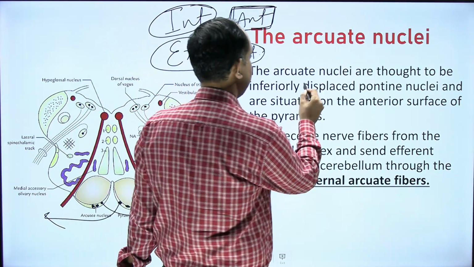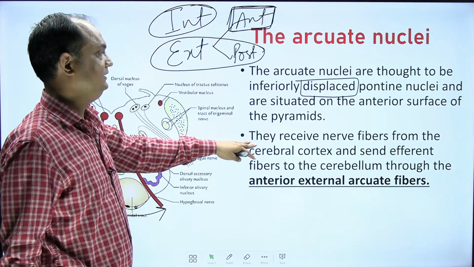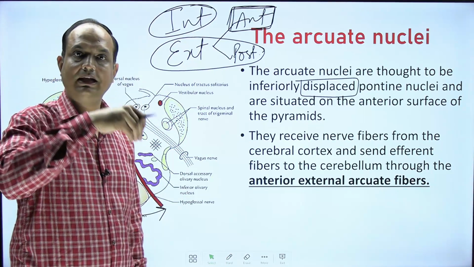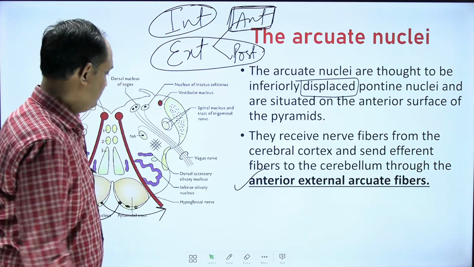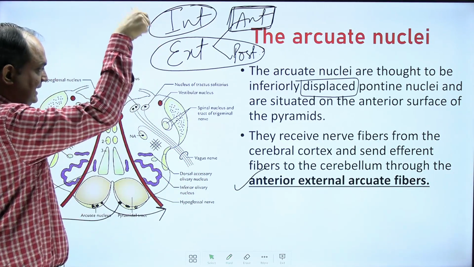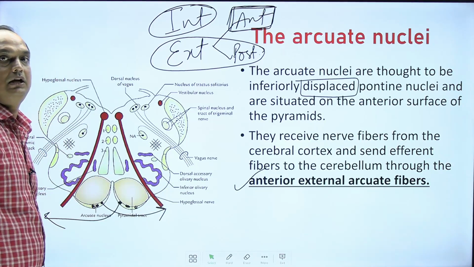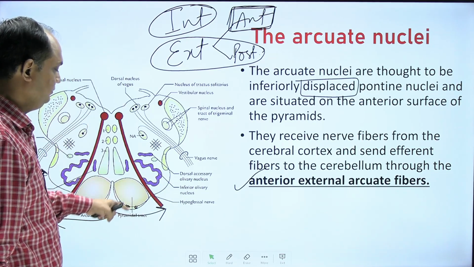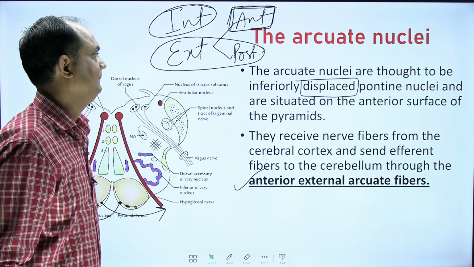They are the displaced part of the pontine nuclei, and they receive nerve fibers from the cerebral cortex and give rise to the anterior external arcuate fibers. So these neurons receive input from the cerebral cortex, and their output is known as the anterior external arcuate fibers. These arcuate nuclei are nothing but detached parts of the pontine nuclei.